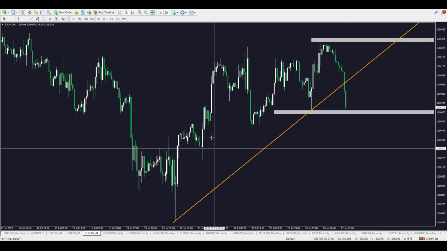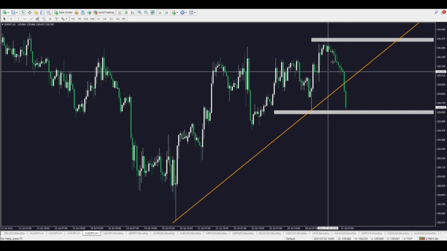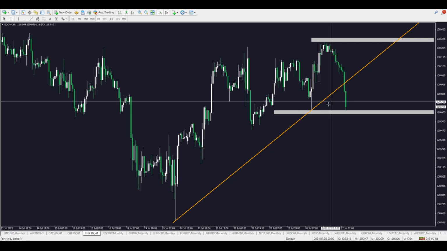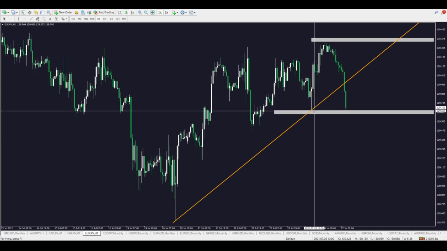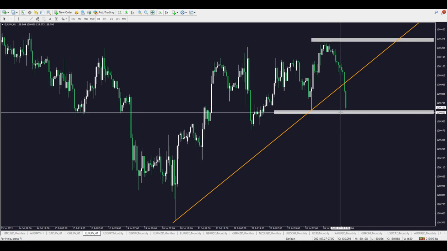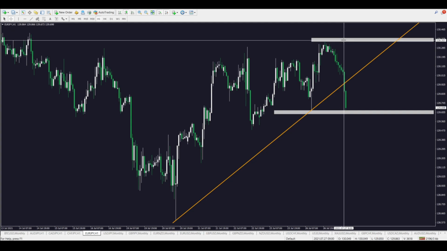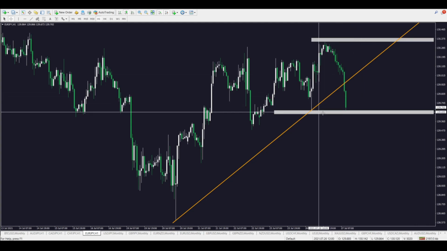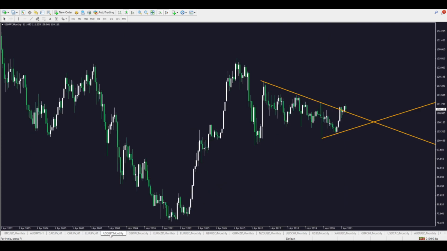H1, so for me, we have bullish, bullish, bullish, support. So if price breaks below this point without going above this point, I would sell. And if price breaks above this point without going below this point, I would buy. Onto USD JPY. And again, similar setup.